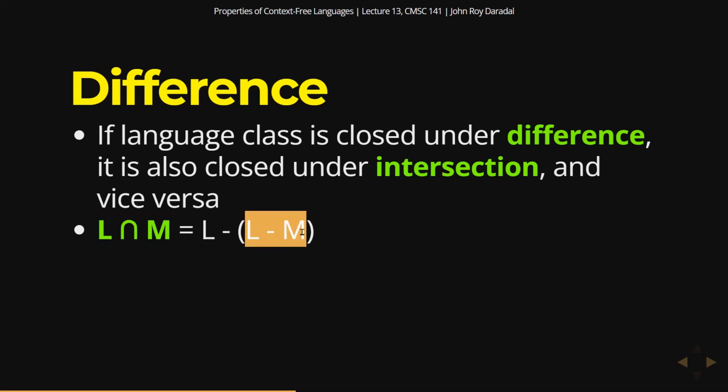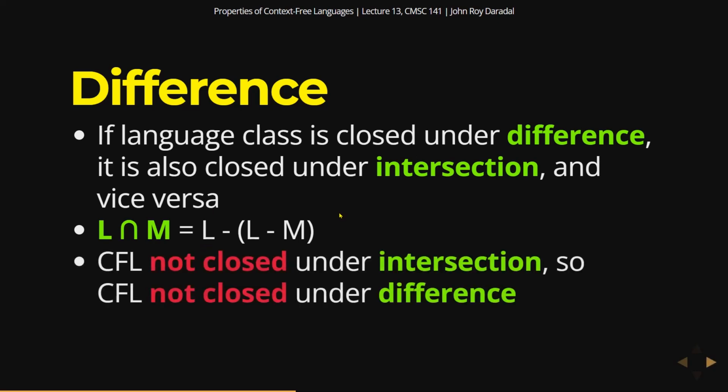So L minus M are the things that are in L that are not in M, and then you subtract that from the things in L, so you have the common items in L and M. Okay, so CFL is not closed under intersection, so it's also not closed under difference. Okay, so it's just an extension.